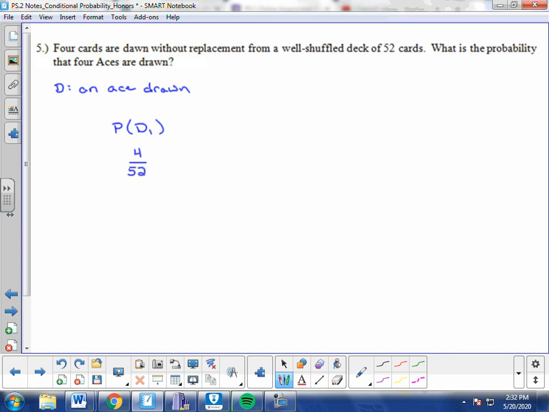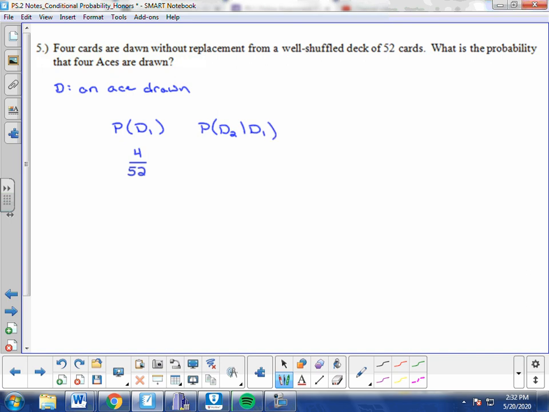So the probability of drawing an ace there on our first draw would be 4 out of 52. Now we can extend this. So now our second event is the probability that we are going to draw an ace on our second draw, given that it already occurred on our first draw.